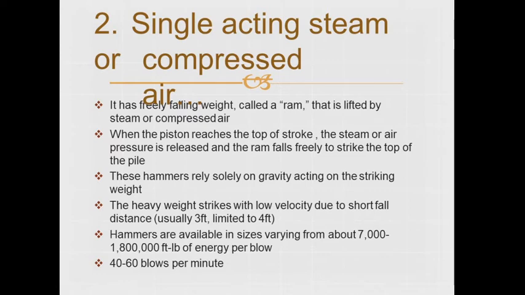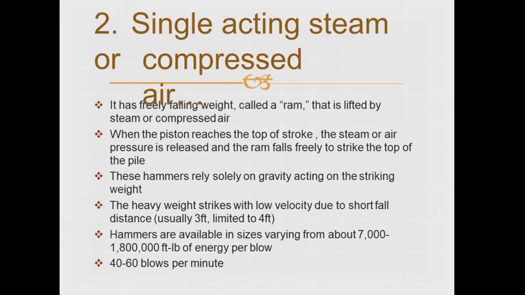The next one is the single acting hammer. In single acting hammer pile driving, the ram of the hammer is raised by steam or compressed air which works on the underside of the piston. When the ram reaches the top of the upward stroke, the pressure of the steam or air is released, which results in the fall of the hammer by gravity. The falling hammer gives a blow to the anvil block located at the pile head.